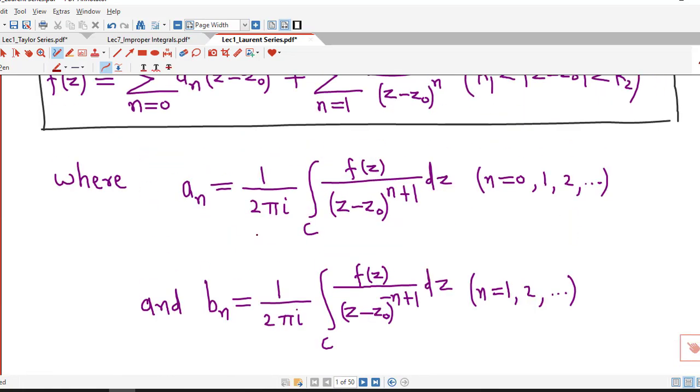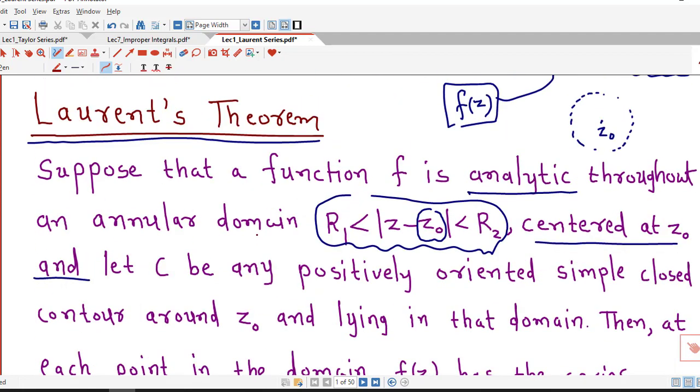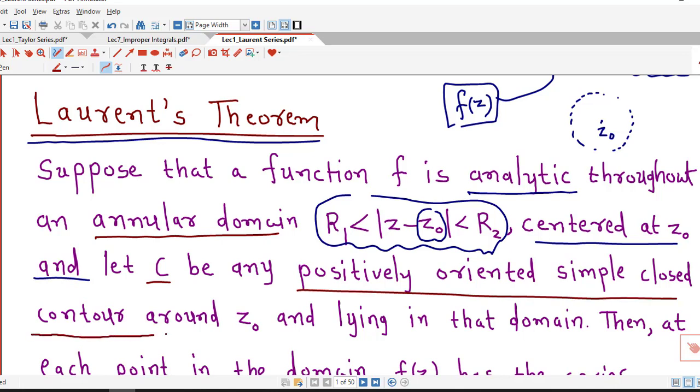We are trying to understand the statement of Laurent's theorem. Suppose that a function f is analytic throughout an annular domain r1 less than mod z minus z0 less than r2 centered at z0, and let C be any positively oriented simple closed contour around z0 and lying in that domain.